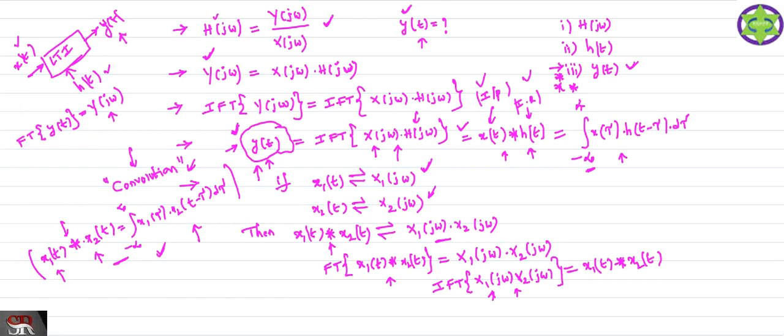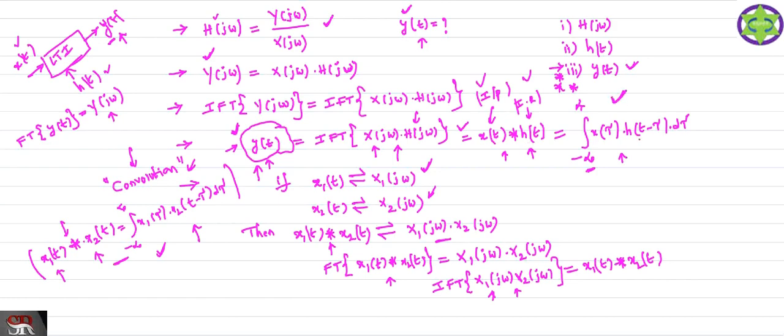For the given input x of t and the impulse response, you just find the output response using the process of convolution. So what is the formula for y of t? y of t is nothing but x of t convolution h of t. Here x of t is given to you, h of t is also given to you. You just perform the convolution of the two signals using this formula.